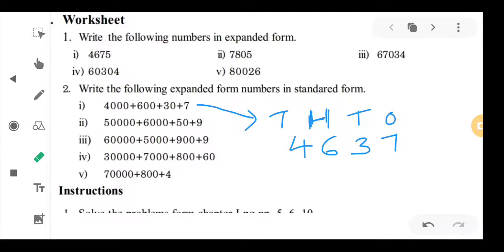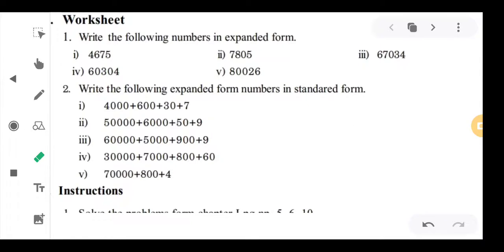Next number. So in the next number, this is 5. After 5, 1, 2, 3, 4, 4 zeros are there. So this is 50,000. So the number that we have to write, that is 1 2 3 4 5, 5 digit number.